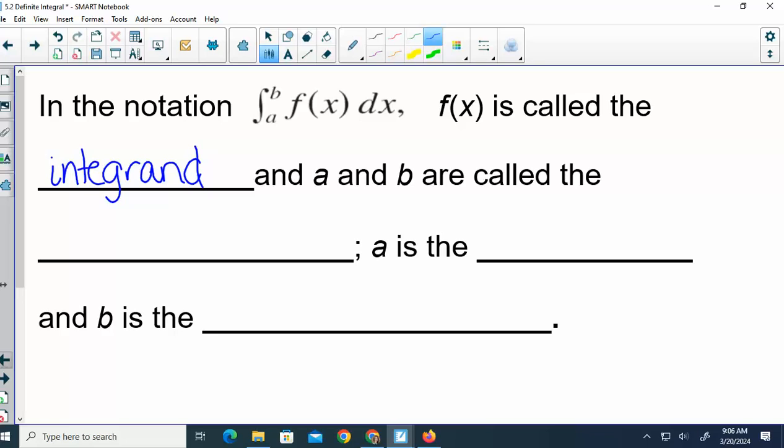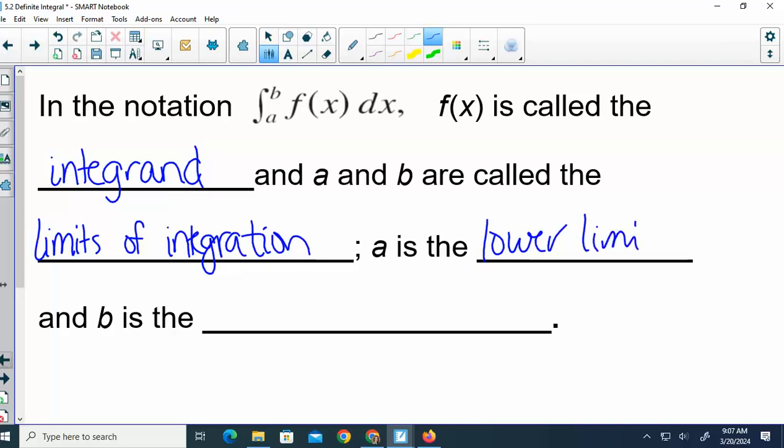A and b are called the limits of integration. A is our starting point, so it's called the lower limit. B is our ending point, so it is called the upper limit.